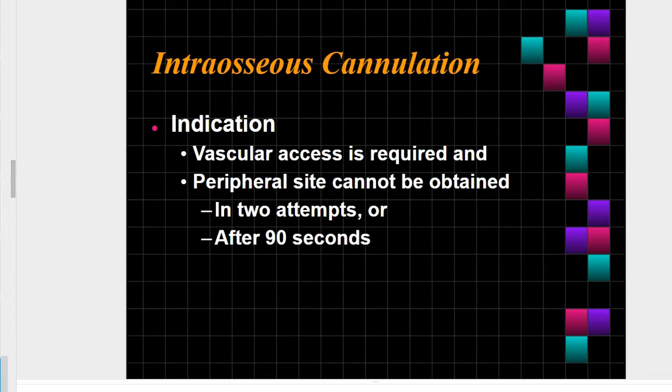Indication: when vascular access is required and peripheral sites cannot be obtained in either 2 attempts or about a minute and a half. Now, when we say vascular access is required, this means the kid is either in arrest or spiraling down the tubes toward arrest.